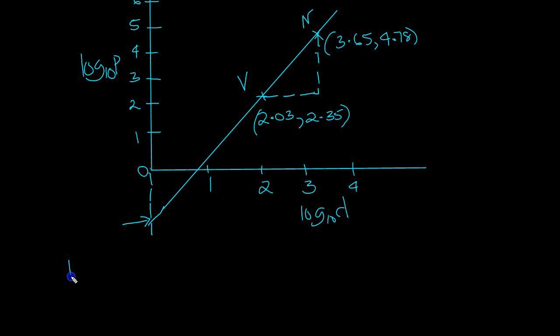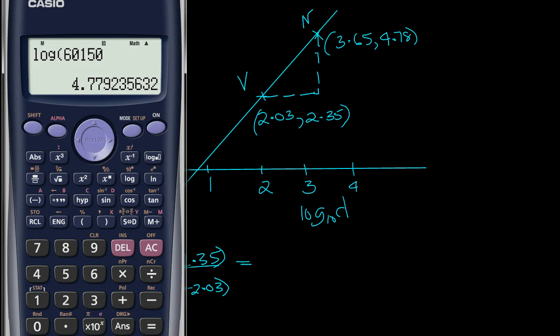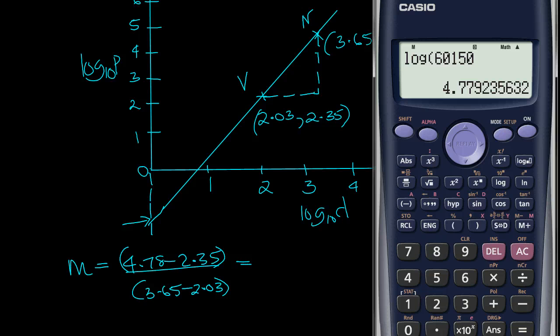So here the gradient, the m value, is equal to the difference in y, 4.78 minus 2.35, divided by the difference in x, which is 3.65 minus 2.03. Type that in the calculator then. Let's quickly do that.